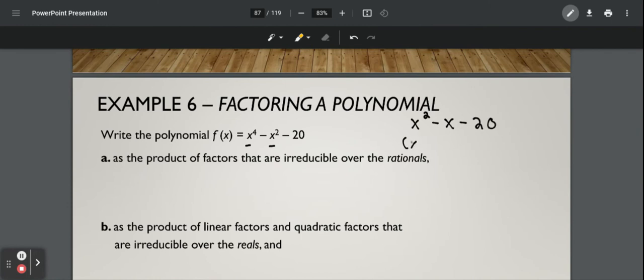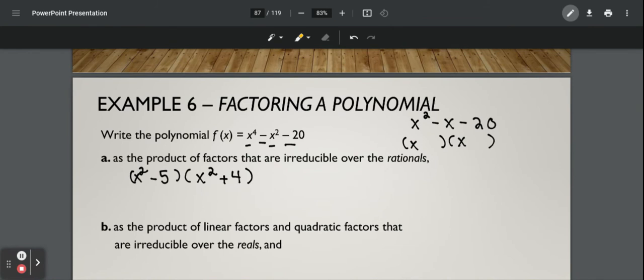But instead of factoring into an x times an x, it's going to factor into an x squared and an x squared. That way the first term when you multiply is x to the fourth, but the middle term is still x squared. Then you have to think about what multiplies to give you 20 and adds to give you -1. So we're going to go -5 and +4.